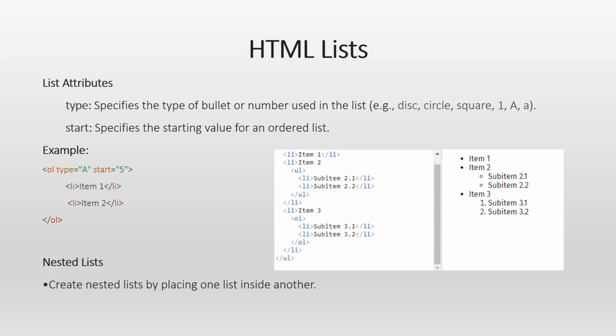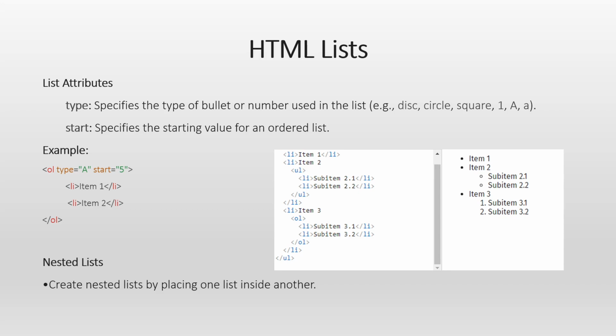In item two, we have sub item 2.1 and sub item 2.2. This is called a nested list. With the help of unordered list and ordered list, we are going to create all these things. Once you learn unordered list and ordered list, you can easily create a nested list. That's not a big problem.